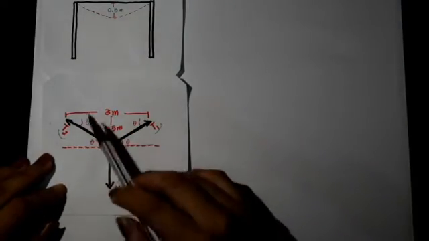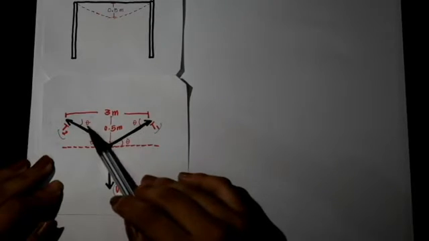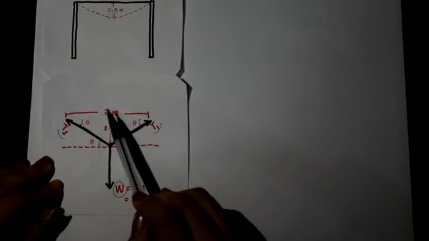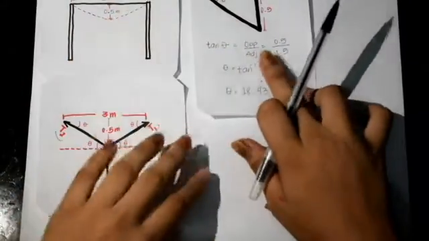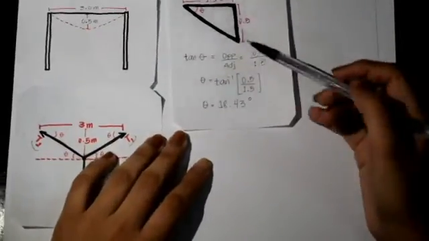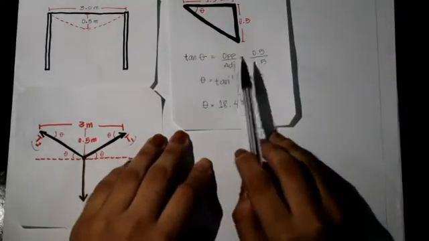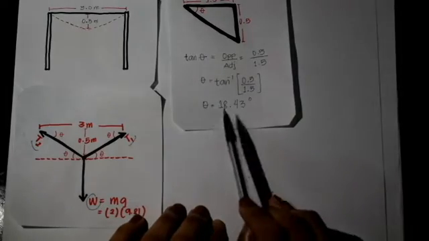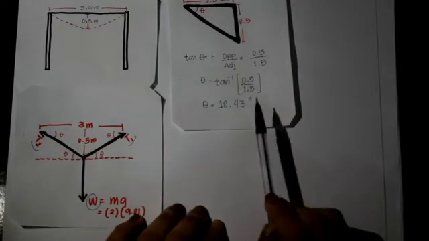First, we have to get the theta. Using the trigonometric functions given the 0.5 meters and the 3 meters, we will be able to solve this. Using tan theta is equal to opposite over adjacent, we can now get the theta, which is 18.43 degrees.